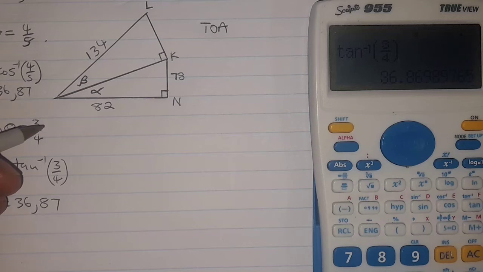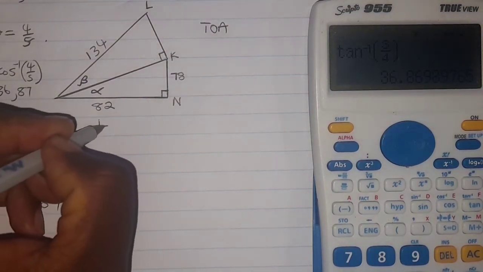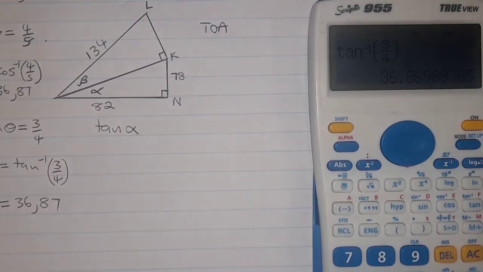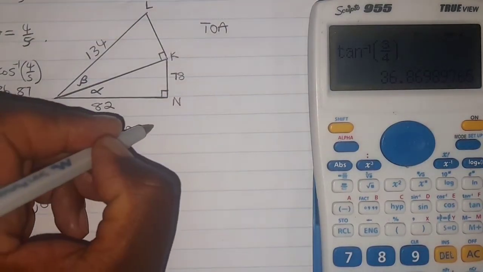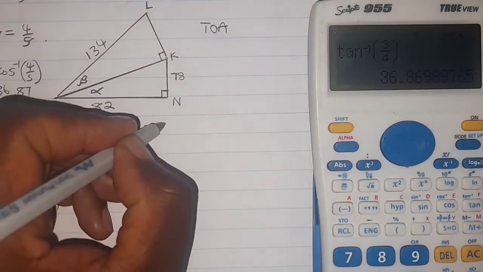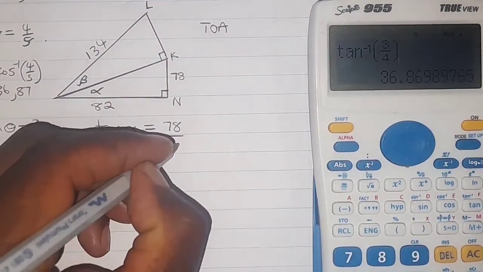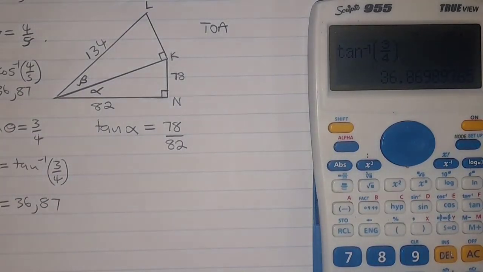That's tan is equal to opposite over adjacent. So tan alpha here is equal to opposite, that's 78 units, over adjacent, that's 82.